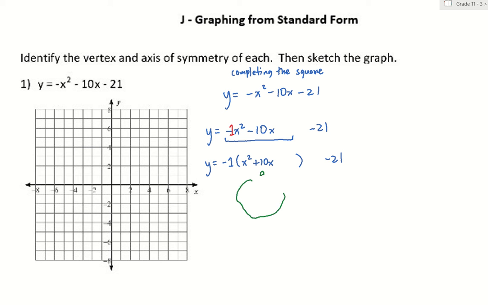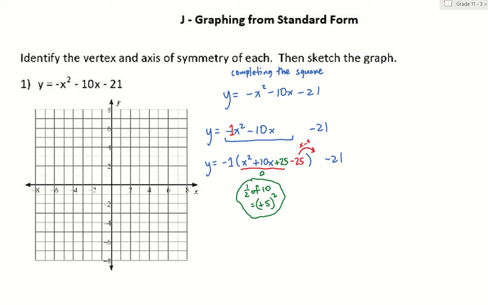So I'm going to figure out what is half of 10. Well, that's positive 5. I'm going to square it to get plus 25. And then I'm just going to move that bracket out. And then I can't just add 25 without subtracting it, so now it's even. Okay, so my first three terms make up a perfect square trinomial, so I got to get rid of this guy.